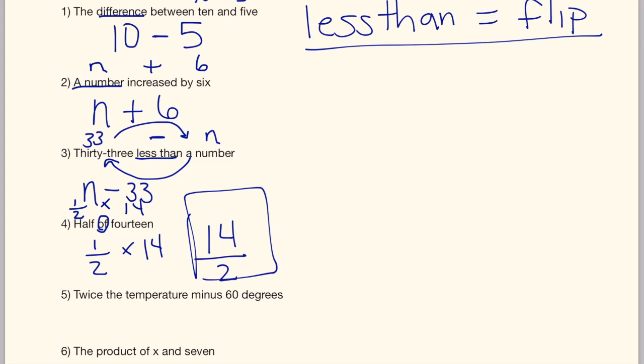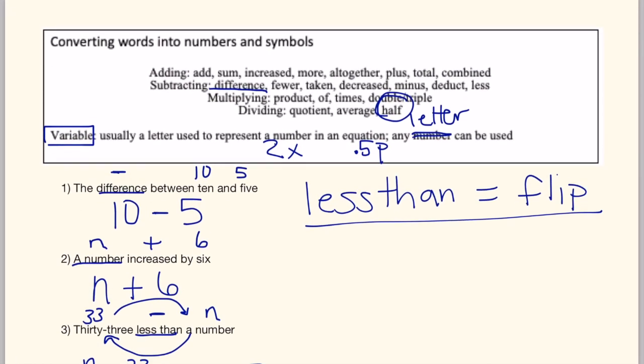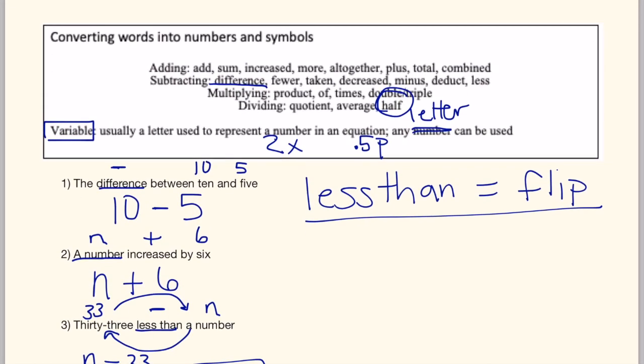Let's look at number 5. Twice the temperature minus 60 degrees. In this one, instead of having a number, we have temperature. We don't know what the temperature is. It is a variable. So we can say, let's use T for temperature. So twice the temperature. If we look back at those terms we have at the top, we have double, triple, all of those mean multiply.